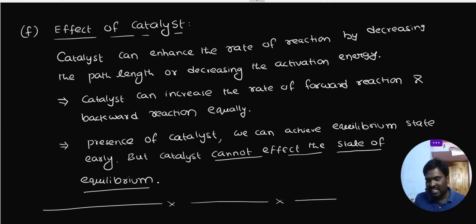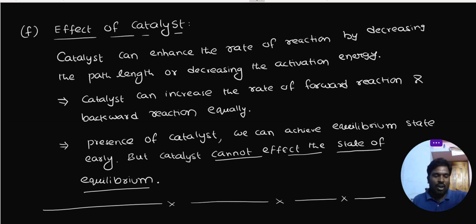These are Le Chatelier's principle factors affecting our equilibrium system: effect of concentration change, effect of pressure change, temperature change, addition of inert gas at constant volume, at constant pressure, and catalyst.